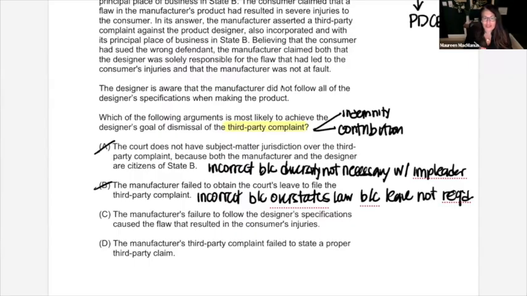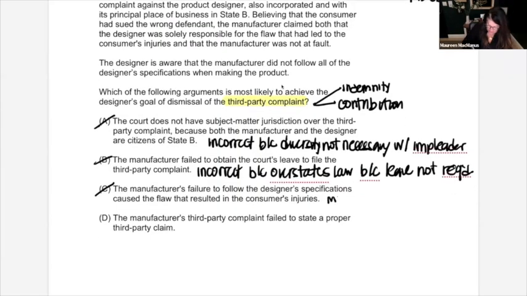The designer is going to get out of this by showing that this is not a proper impleader. And you don't do that with C by saying that there is liability. They haven't actually alleged that. So this goes beyond the facts, mischaracterizes the facts. So I'll say mischaracterizes.